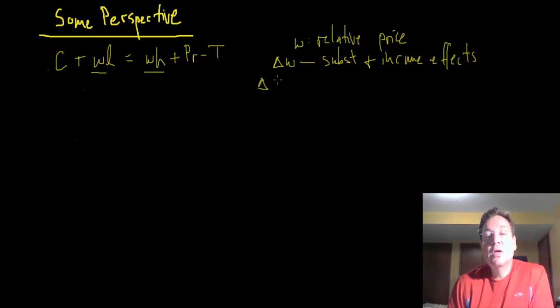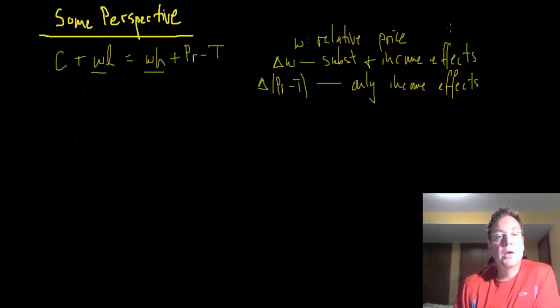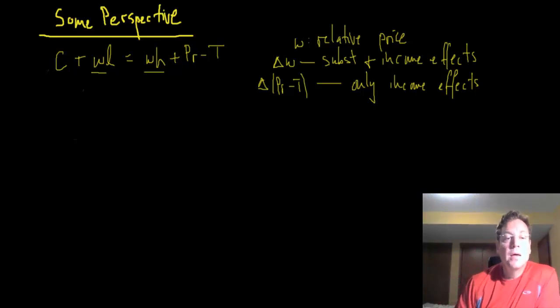Whereas a change in, say, profits minus taxes generated only income effects. And when you have only income effects, that just amounts graphically to a parallel shift in the budget constraint.